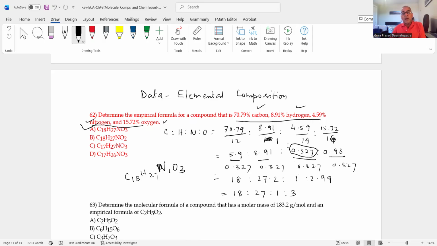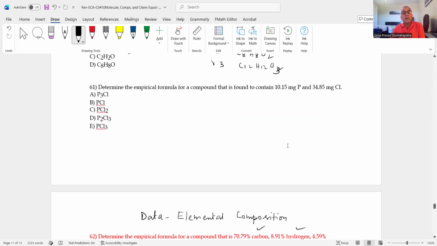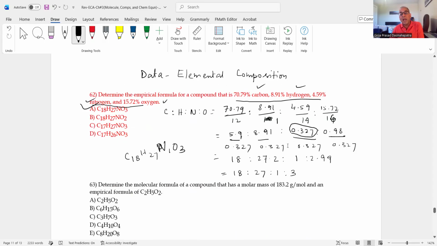Although I will ask you to do 61 on your own, there is another possibility that may happen. For example, when you divide all of these numbers by the least number, one of them suppose comes to 1.59, or say 1.51.